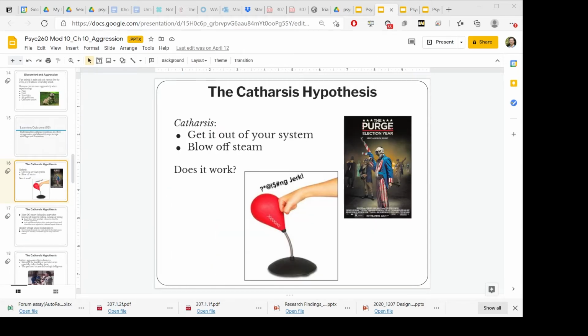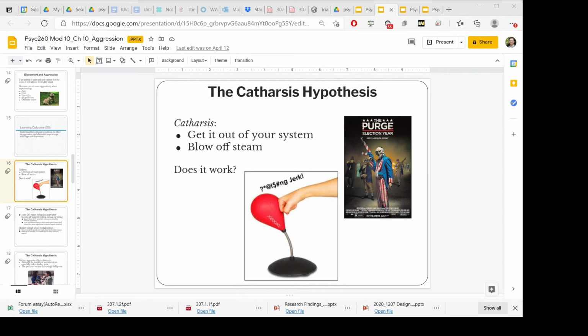Another topic I'd like to cover is the catharsis hypothesis. This hypothesis says that when we feel the need to exhibit some aggression because we feel angry or frustrated, it's good to get it out of your system and blow off steam by engaging in an act of aggression that is not as harmful, or by watching some aggression.